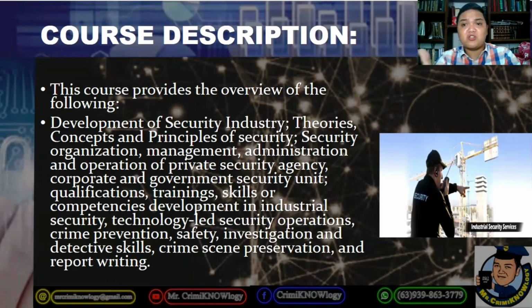The government also has its own security agency. And we talk about the qualifications: what are the prescribed qualifications for you to be a security guard, security supervisor, security manager, and the requirements for a security agency. What are the training, skills, and competencies required, and of course the development in industrial security.